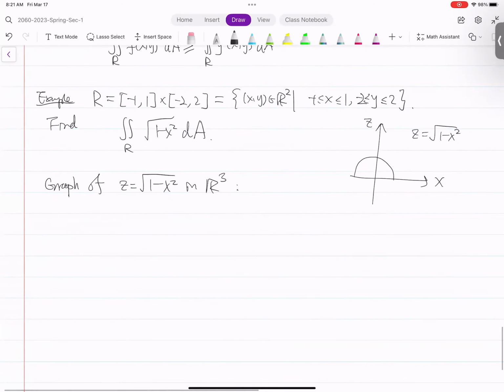So let me think. If we put the z-axis in this direction, the x-axis in this direction, and the y-axis in this direction, then you will see what? If you fix y to be 0, you have a semicircle, but it's like this.